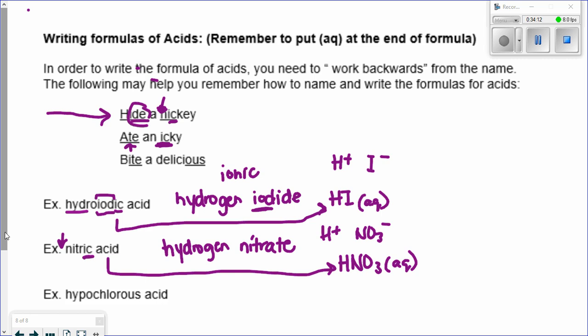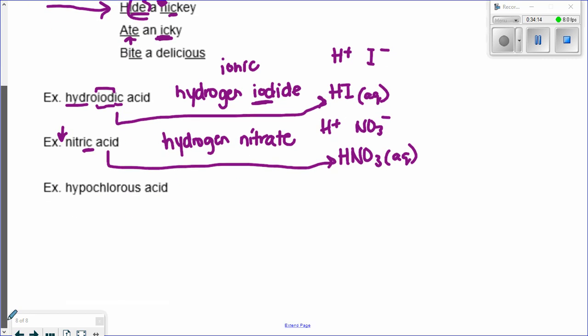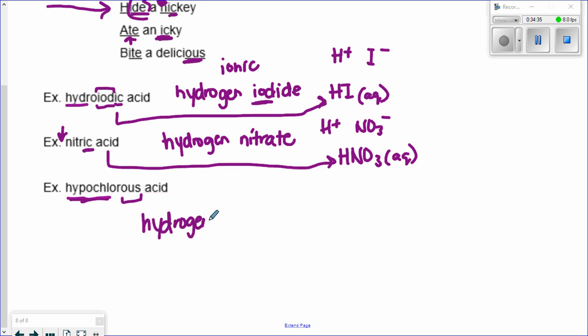And this one, hypochlorous acid. Don't be fooled by this hypo at the beginning. That's not hydro. So hypochlorous acid has an ending of OUS. Again, the ending of OUS is ITE. So there's going to be hydrogen, but then we're going to have hypochlorite.